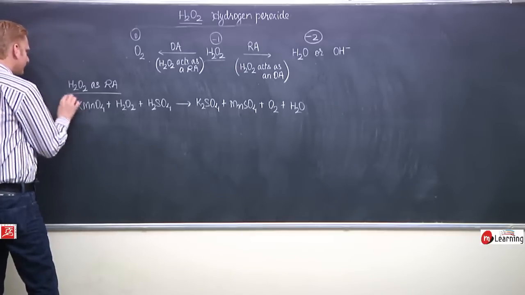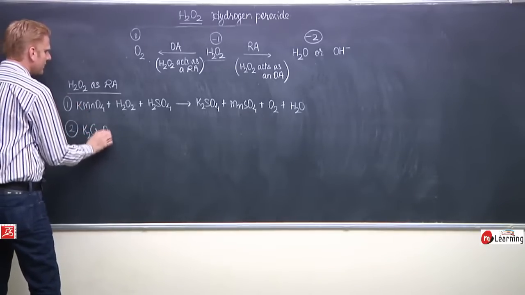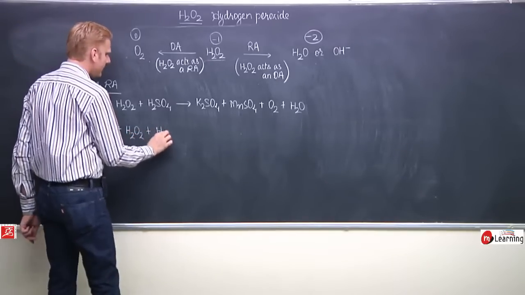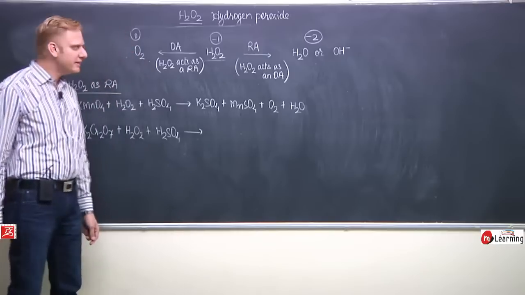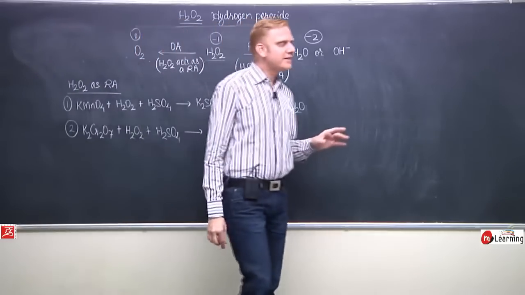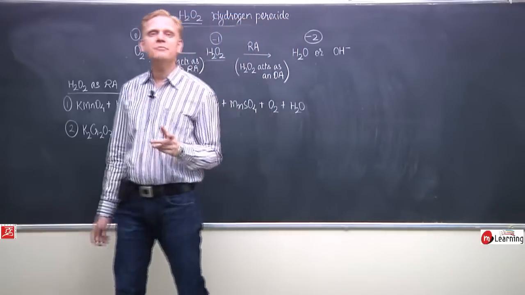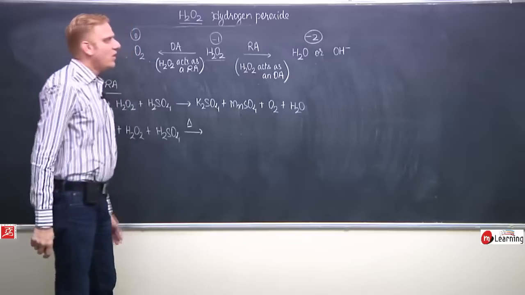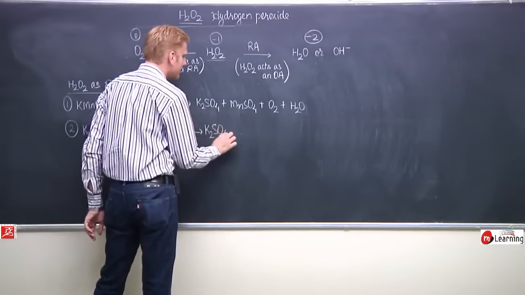Now we can have some other examples. K2Cr2O7, again in presence of hydrogen peroxide with H2SO4, that is in acidic medium. Now please remember that in cold condition, actually CrO5 is formed and it is not a redox reaction. Chromic peroxide compound is formed. But slight heating of the reaction mixture results in a redox change.